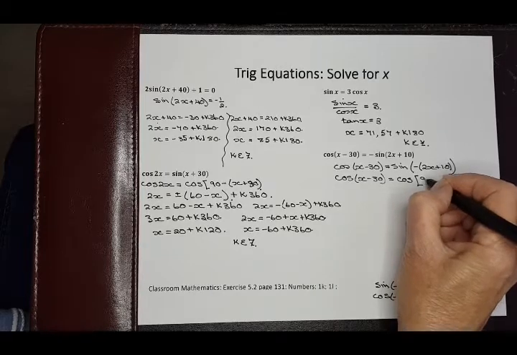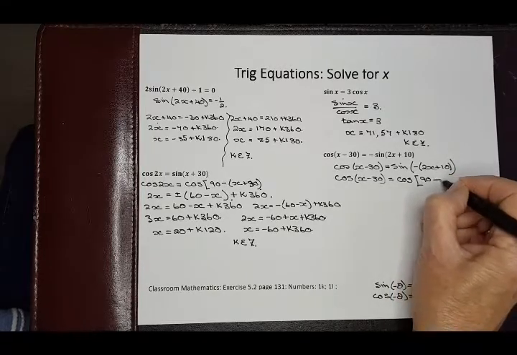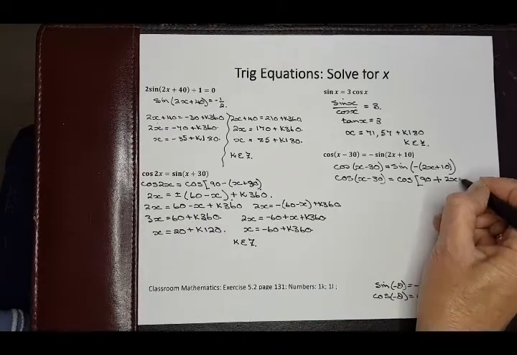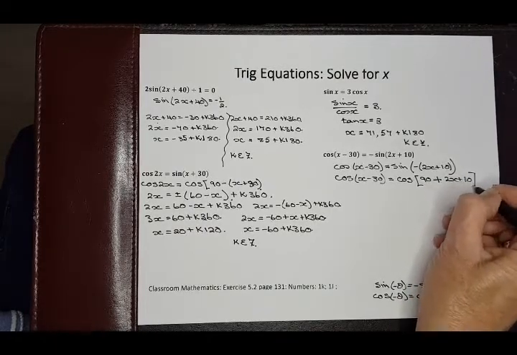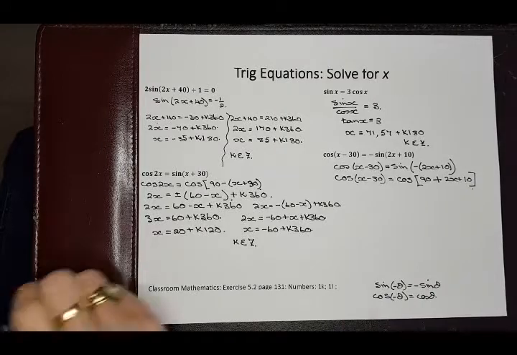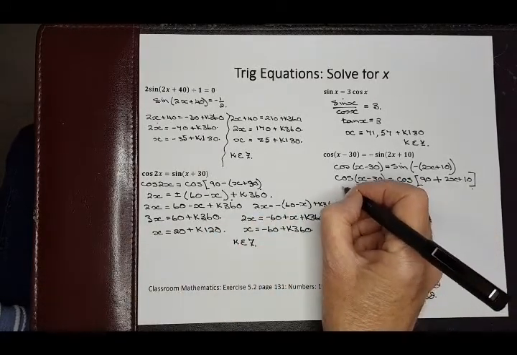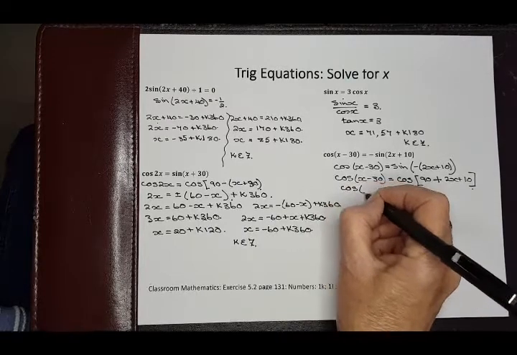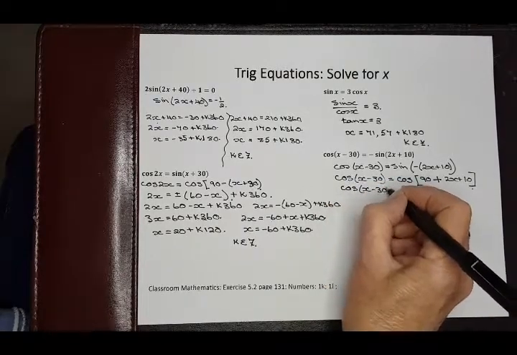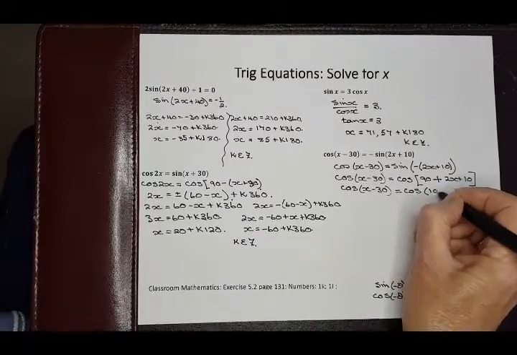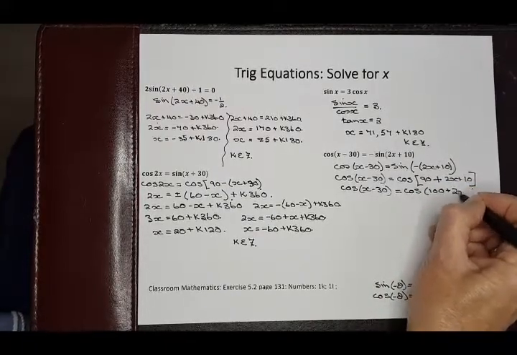So I'm going to say it's 90 - (2x + 10). When I simplify that, I'm going to get that cos of (x - 30) is equal to cos of (100 + 2x).